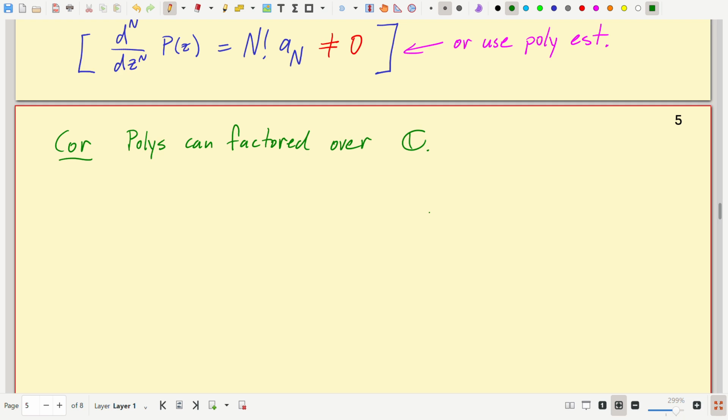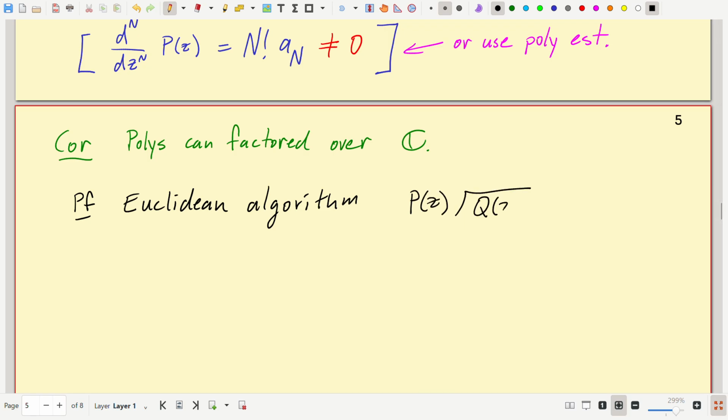So this corollary follows from the thing you learned in junior high school called the Euclidean algorithm. You take your polynomial. You want to divide P of z into Q of z. You do that Euclidean algorithm, and you get a quotient. Then you're doing this routine of subtracting stuff, and at the very end, you get the remainder.